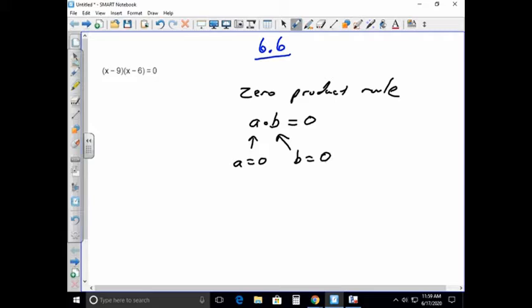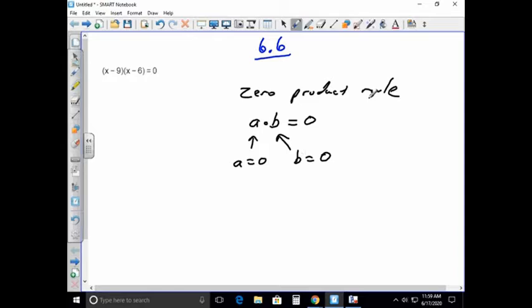If neither number is 0, you can't multiply two positive numbers together and get 0, or two negative numbers and get 0, and you can't multiply a positive times a negative and get 0. Adding, yes, but multiplying, no. The only way you can multiply two numbers and the answer is 0 is if one of those numbers is 0.